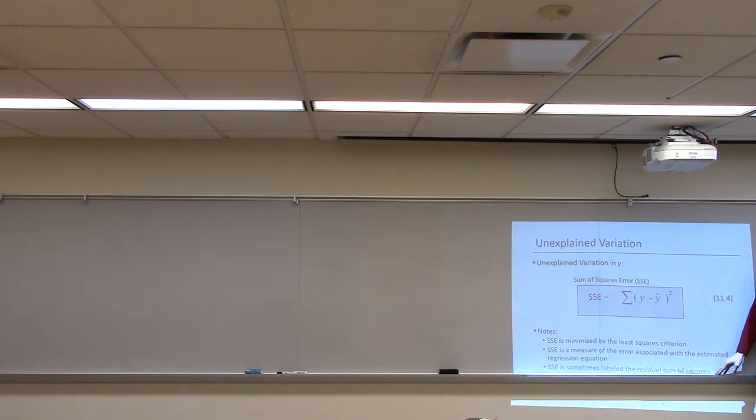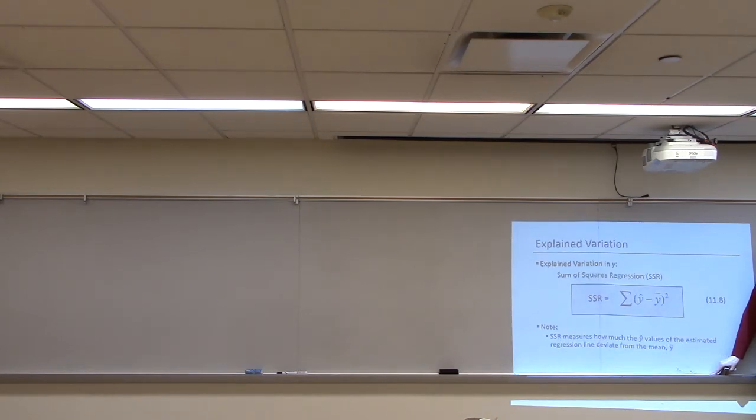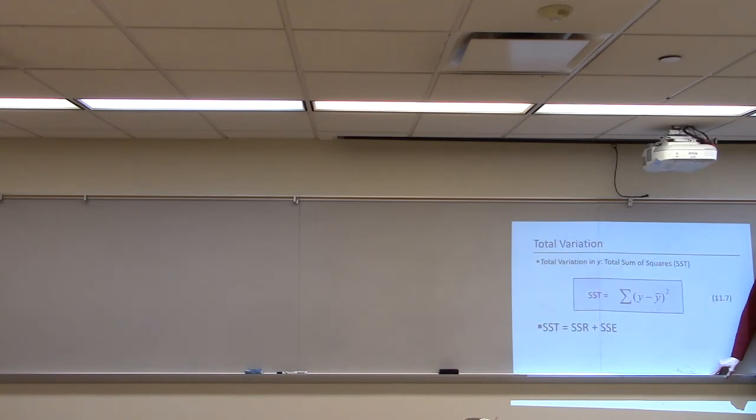So sum of squares error is the unexplained variation. Sum of squares regression is the explained variation. Sum of squares total is the total variation.